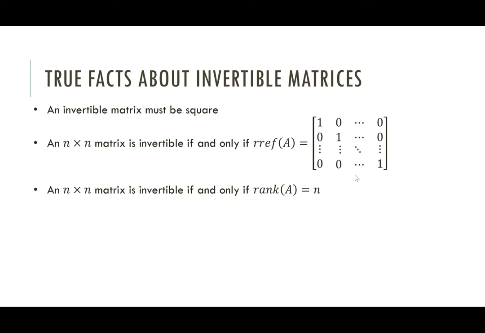Saying this same thing in a slightly different way: a matrix is invertible if and only if its rank is n, which is to say that for every row and every column there's exactly one leading one, and in that case your reduced row echelon form is going to look like that.